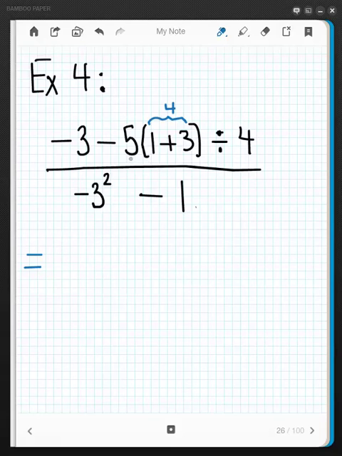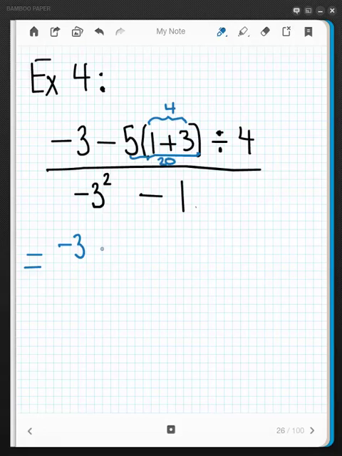And then the next thing that I would see is that I have this multiplication, and then I have a division. Remember, multiply, divide, left to right order. These things involve one another, and so I just go right on across. So 5 times 4, which is equal to 20. Now I have negative 3. And we can do one of two things.